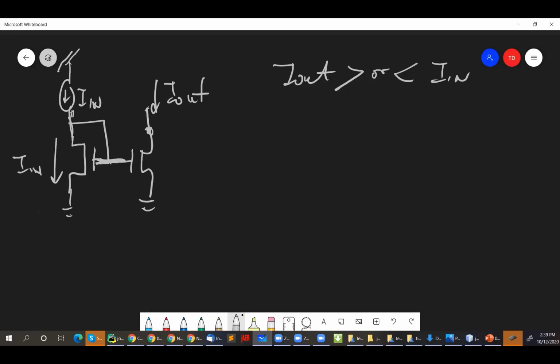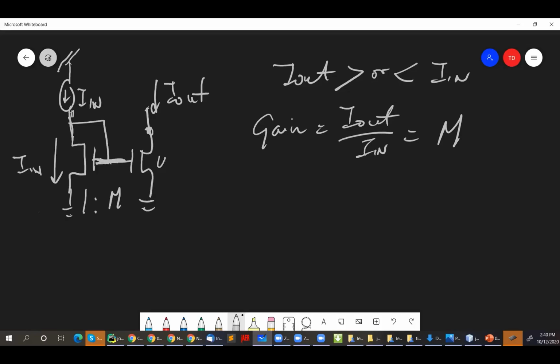So this is 1 colon M, where the gain, which is I out over I in, is normally 1, but in this case, it's going to be M. So if I make the W over L of the transistor M times bigger than the transistor on the left, then I'm going to get a gain, right? So if M is say 2, then my gain will be 2.